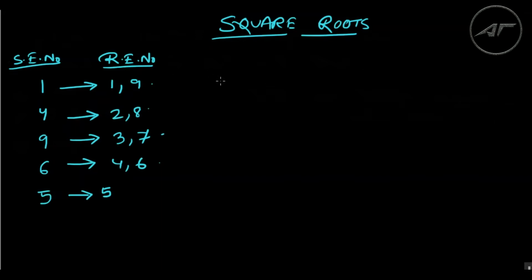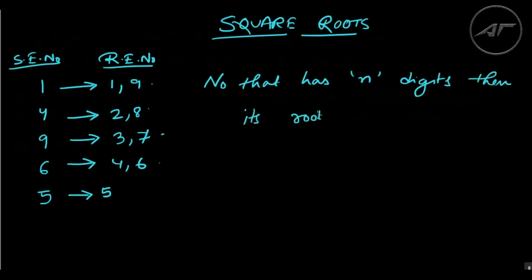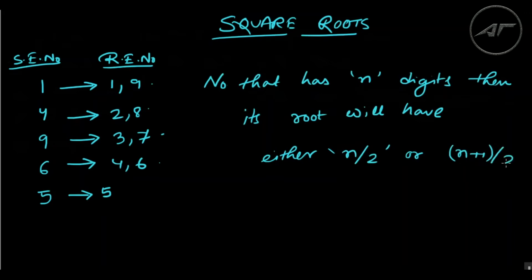The general law is, if you have a number that has n digits, then its root will have either n by 2 or (n plus 1) by 2 digits.